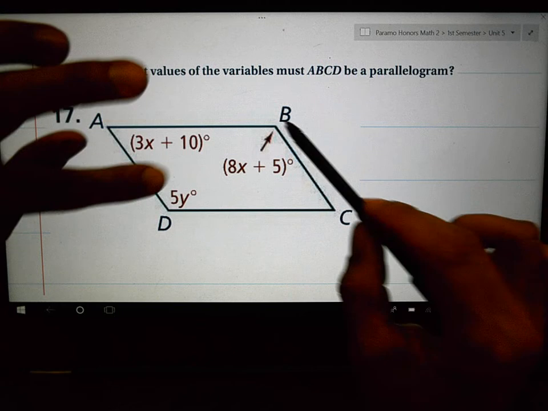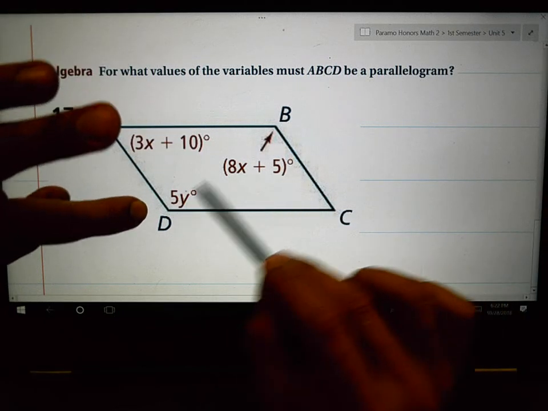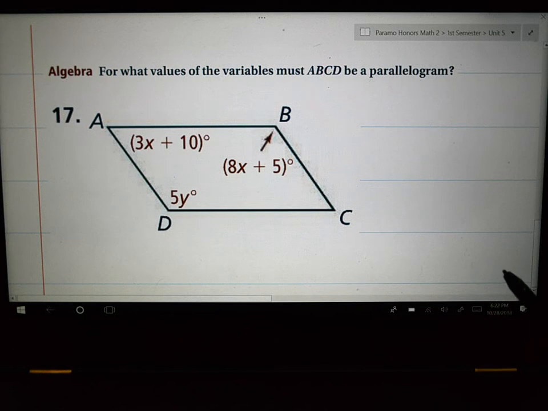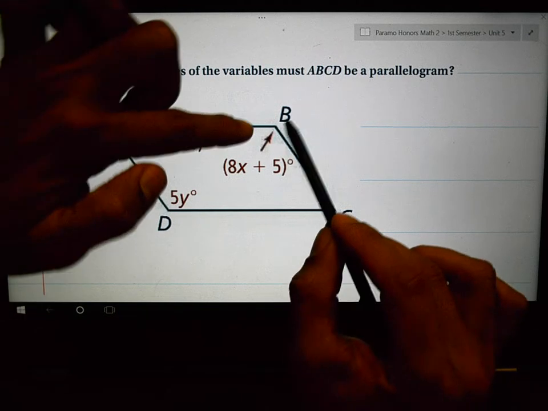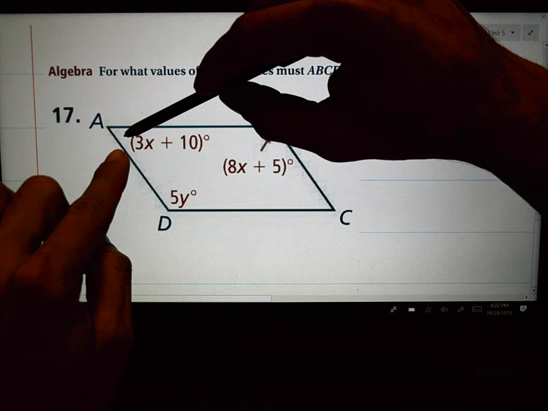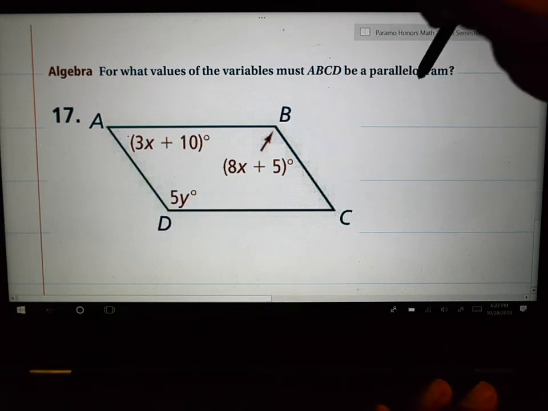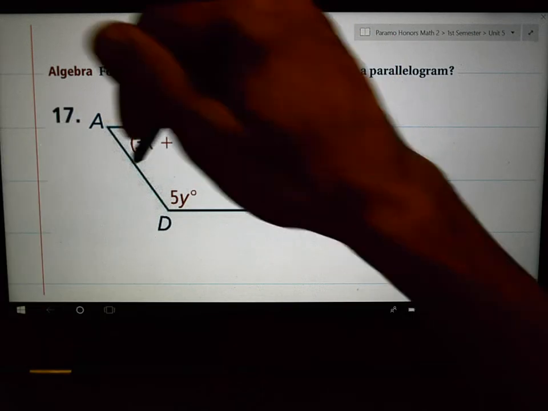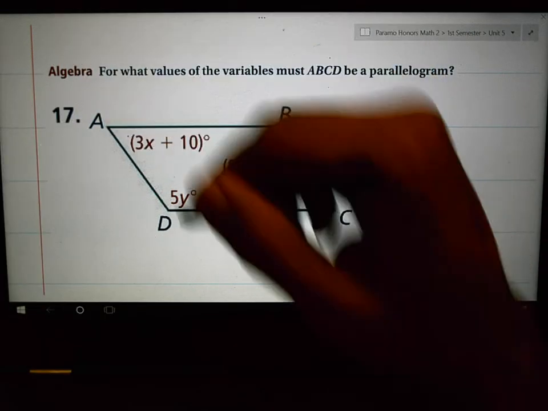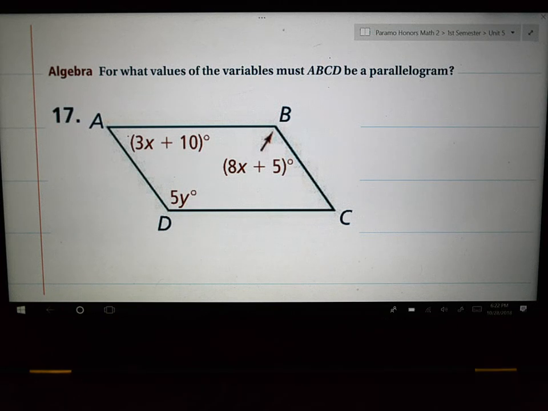But if I do B and D, that's 8x plus 5, and that's a 5y. That'll give me an equation with 2 different variables. So I'm probably not going to go this route. But if I do this angle here, angle A, and angle B, I know that if it's supposed to be a parallelogram, these 2 angles should add up to 180 degrees.